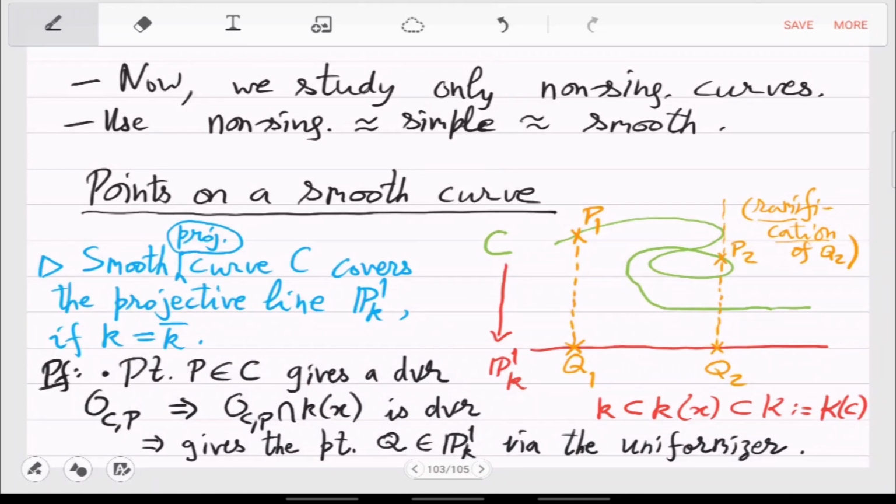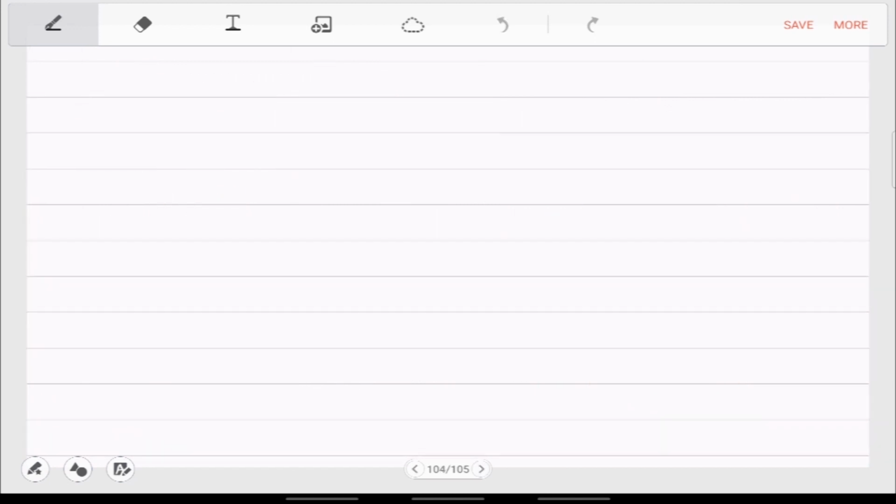Okay, so this projective line, its field is contained in your curve's function field. When you take the intersection with this field, you get a DVR which gives you the unique maximal ideal, which is principal, and the generator gives you the point. Okay, so this is the association in one direction. A curve point gives you a point on the projective line, and the converse of this will be similar.